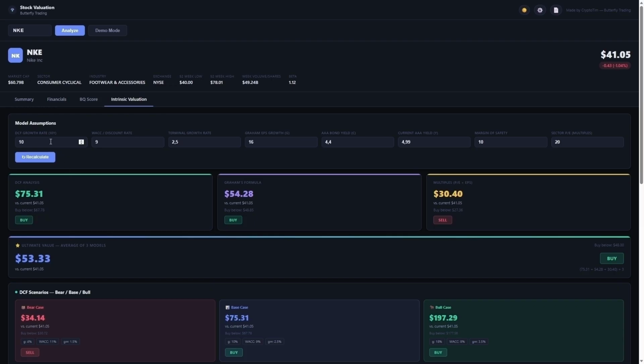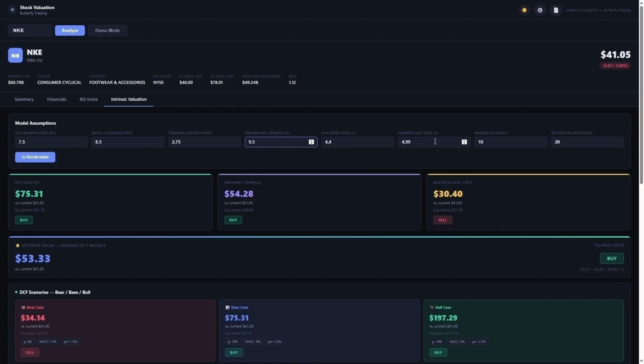Totally no shame in that. So I did this, for example, here for Nike, and instead of 10 here, it will use 7.5. We get an 8.5. We get a 2.75. We get a 9.5.